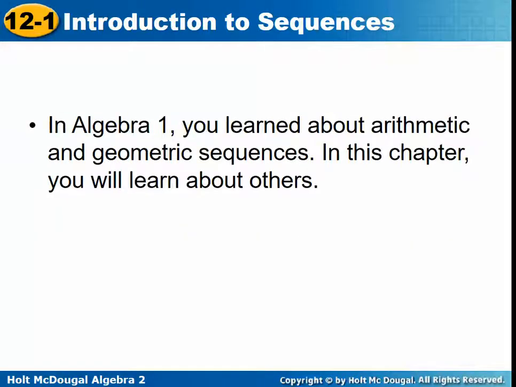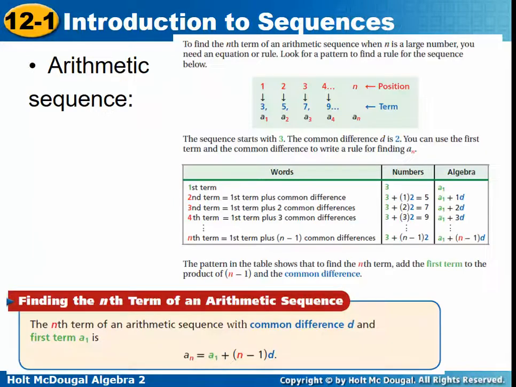All right, so we learned about arithmetic and geometric sequences in a previous course. Most likely you did this in Algebra 1. So we're going to learn about some others in this chapter, as well as more about arithmetic and geometric sequences and series. This is just a review of the arithmetic sequence from the Algebra 1 book.